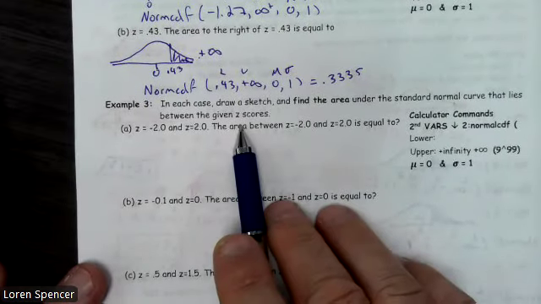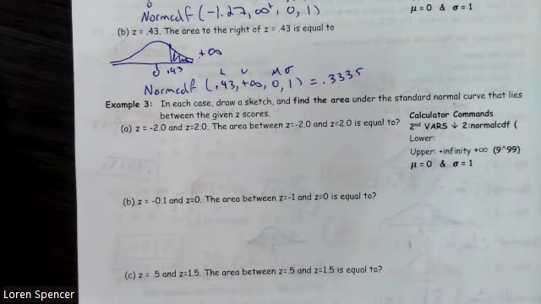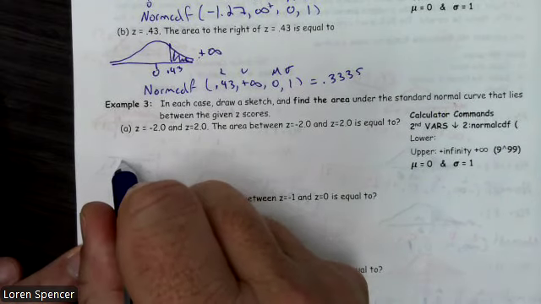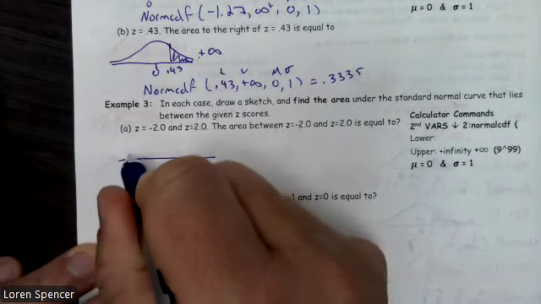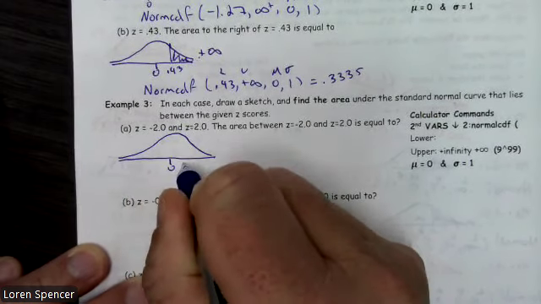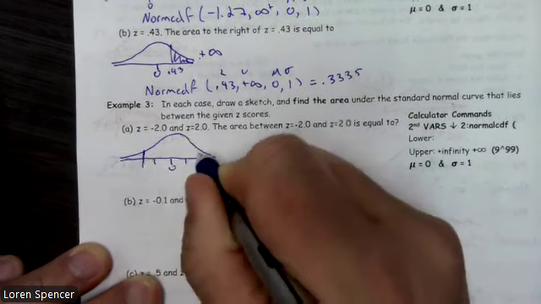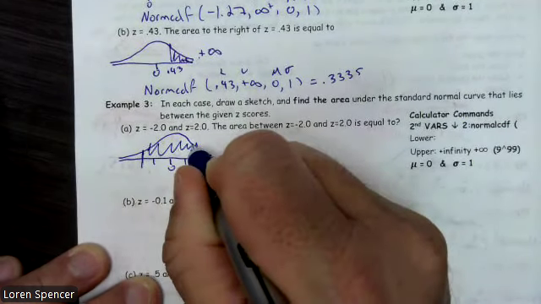All right, so now they're looking for between two z-scores. Between -2 and +2 should be about 95%. Now, remember, the empirical rule is an approximation, so it's not going to be exactly, but if we go 0, 1, 2, -1, -2, we're looking for this area right here.